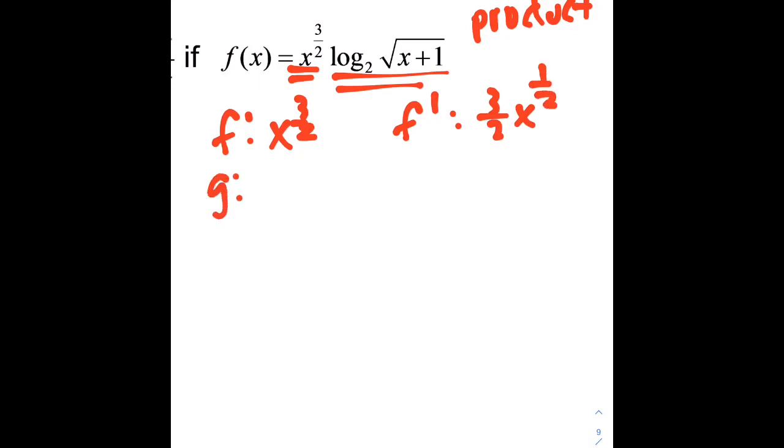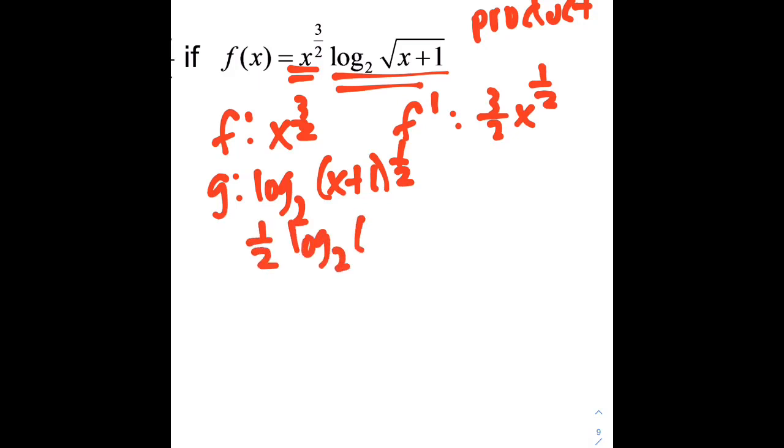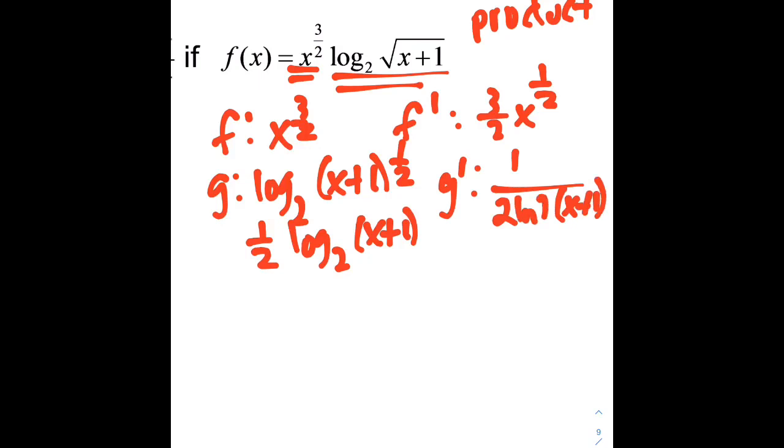If g is log base 2 of x plus 1 to the 1/2, I can think of that as 1/2 log base 2 of x plus 1. So g prime, I'm still going to keep the 1/2. And it's going to be 1 over x plus 1, but then I'm going to have to include the natural log of 2.